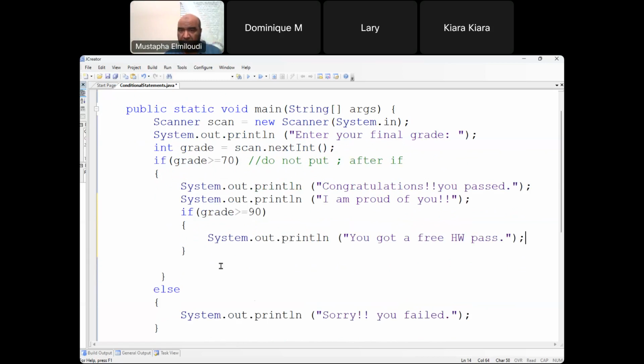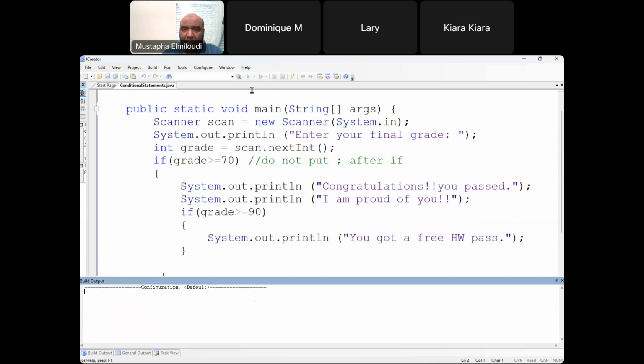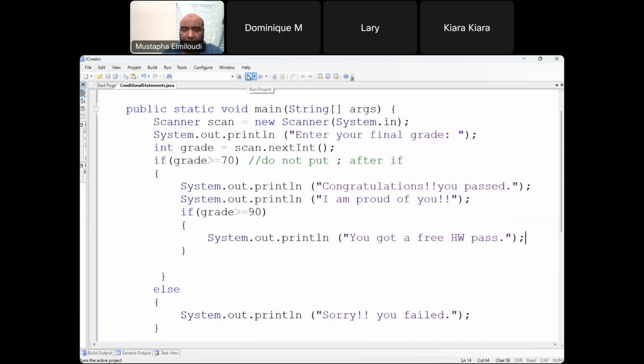That's why the braces and semicolon are the only things that Java recognizes. The semicolon indicates the end of the statement, and the braces tell you which group of statements are together and which are not. So if the grade is 90, okay, now let's run the program and see. So I'm gonna build it, and then I'm gonna run the program.